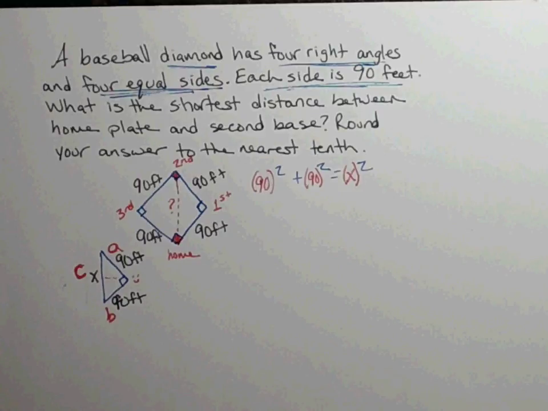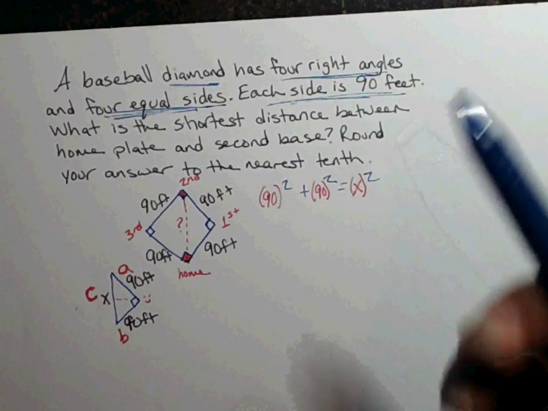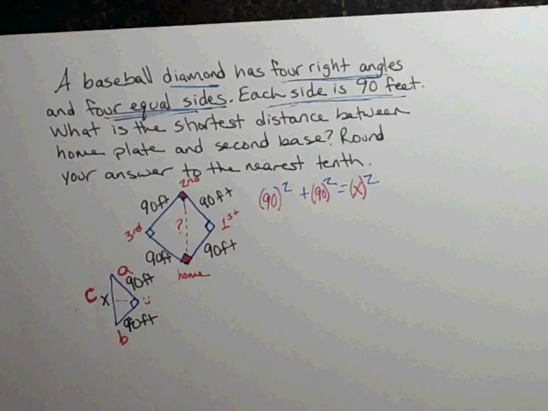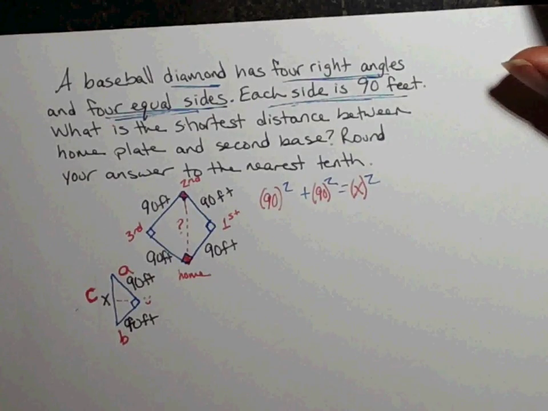Okay, I can definitely do this. I have an equation. I only have one unknown. I can solve for x. I know how to do that. Alright, so when I'm solving for x, first thing I'm going to do is find out what 90 squared is.